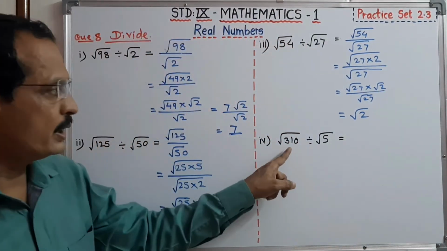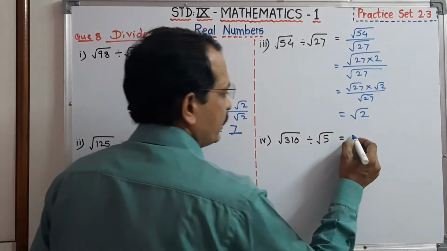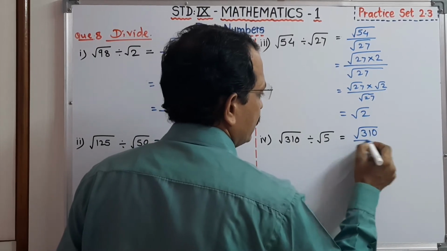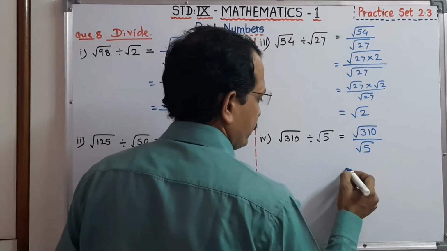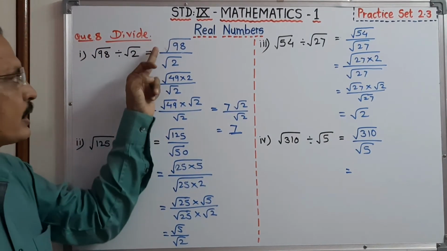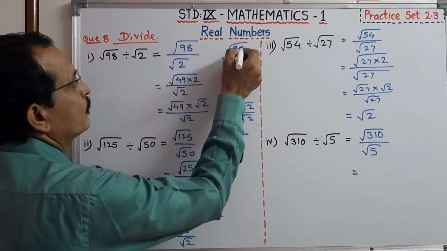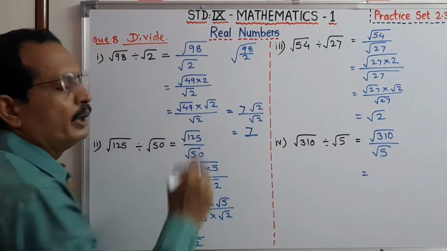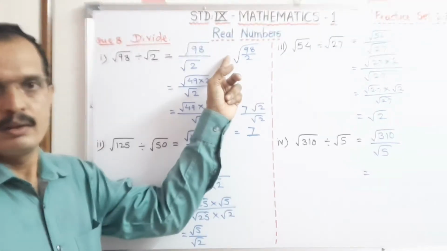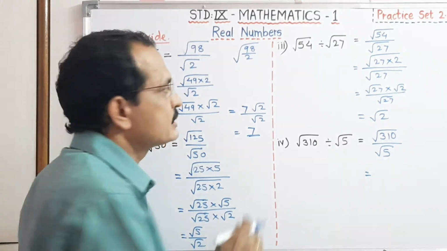Now root 310 divided by root 5. Therefore we can write root 310 divided by root 5. See here, dear student, we can write this under one radical sign also, because the order is the same.